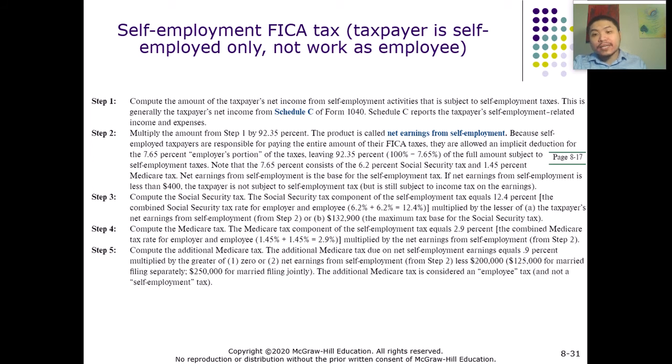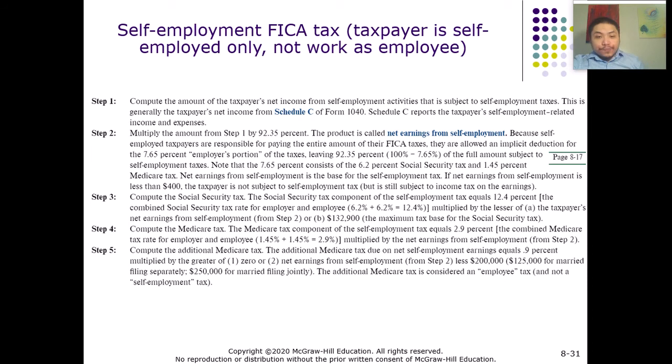The threshold again is going to be $200,000 for all taxpayers, except for married filing jointly and married filing separately, whose thresholds are $250,000 and $125,000, respectively, right?